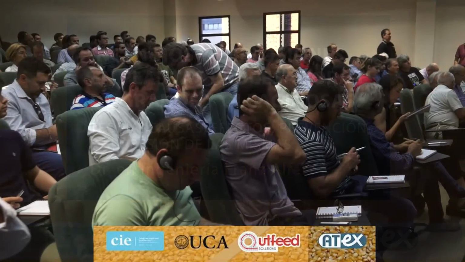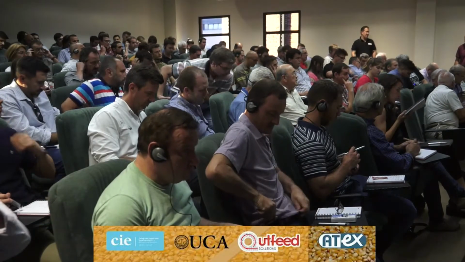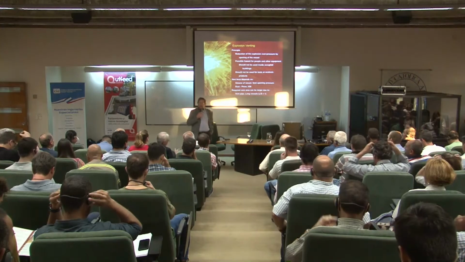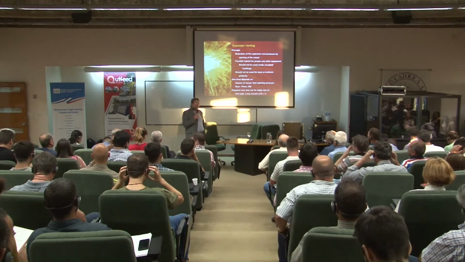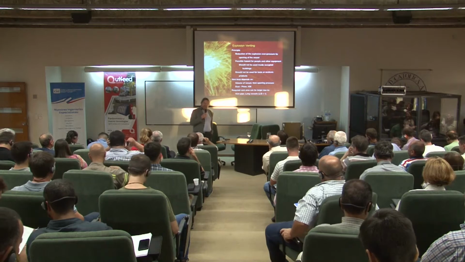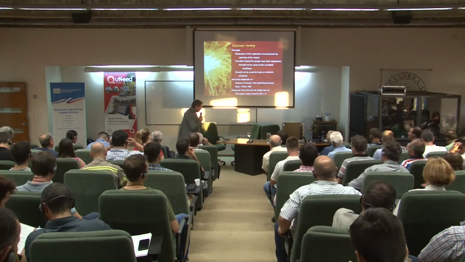Okay, so I hope now comes the interesting part with explosions and flames, and not the little bit more theoretical part. At first, I like to talk about explosion venting.